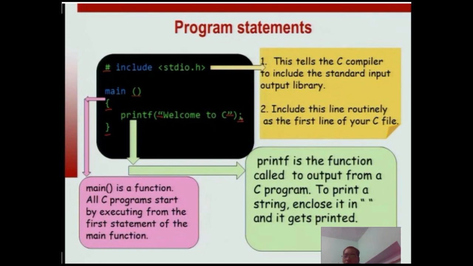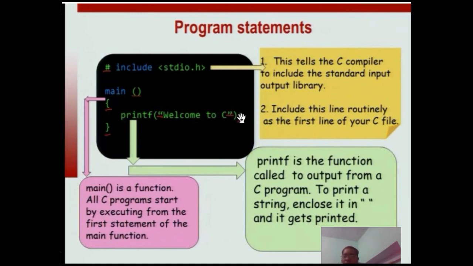All the underlined symbols are important. So the line printf welcome to C is what is known as a statement in C, ending with a semicolon. This semicolon is also important because it tells you where the statement ends.